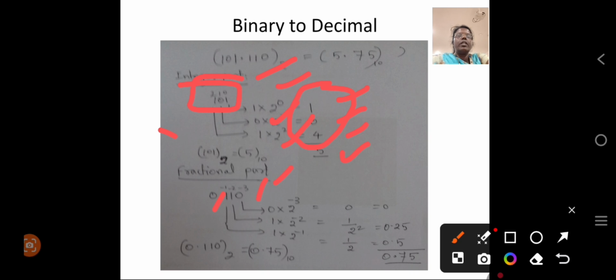Now perform the multiplication: 0 into 2 power -3, 1 into 2 power -2, 1 into 2 power -1, which will give 0 plus 0.25 plus 0.5, which will give 0.75. So the total value of this 101.110 is equal to 5.75 in decimal.